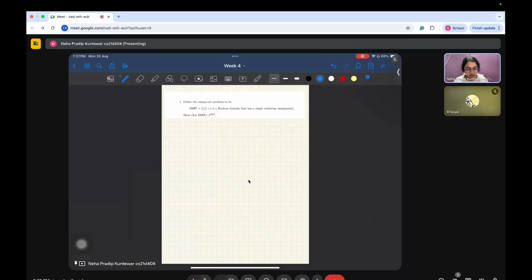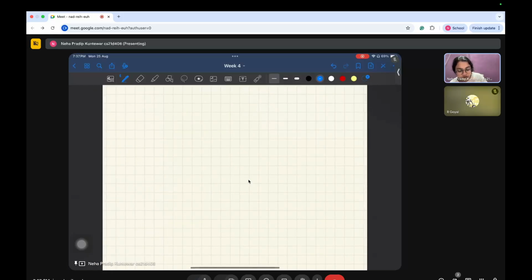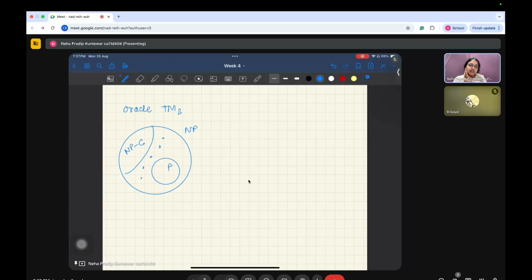Okay. So now we'll talk about this idea of Oracle Turing machines. So the idea is that we have this class NP, we have this class P, and we have some hard problems here, and there are several problems here that we don't know where they will go.